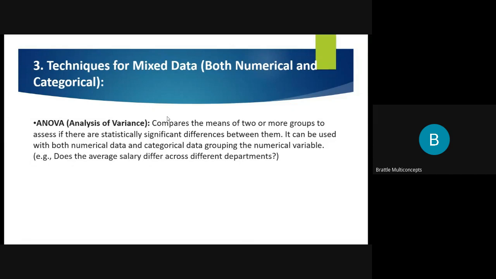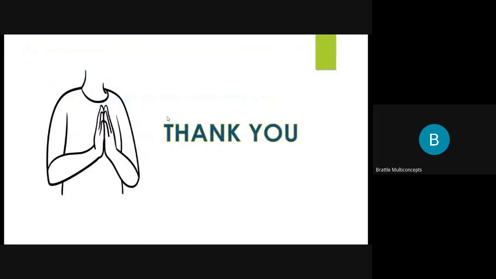Some of these tools are also things we can explore using Excel. Excel is built to solve some of these basic analyses. So we're going to look at some of them as we move ahead in today's training.